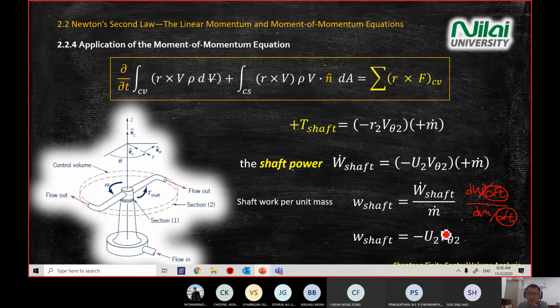So if the question asks you to find shaft work per unit mass, then you use this equation: small w shaft, which represents the shaft work, equals negative U times V vector.